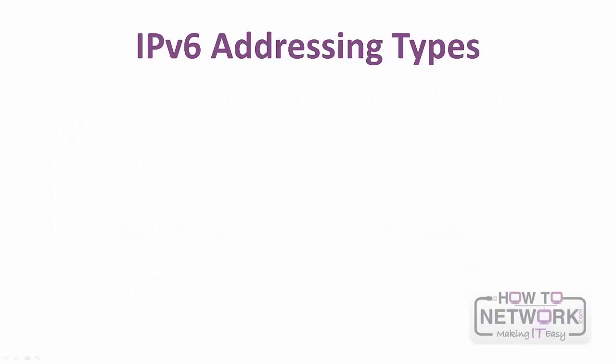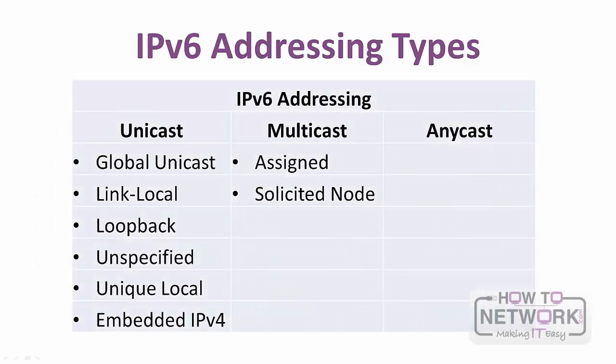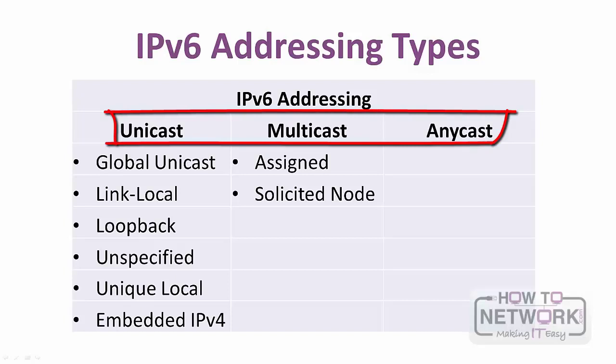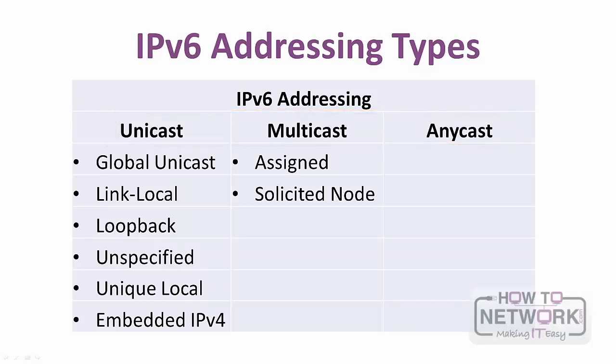This lesson further examines the three types of IPv6 addresses that were briefly introduced in the previous lesson: unicast, multicast, and anycast. These are illustrated here in more detail. This lesson begins with unicast addresses. The most significant are global unicast addresses, which were also introduced in the previous lesson.